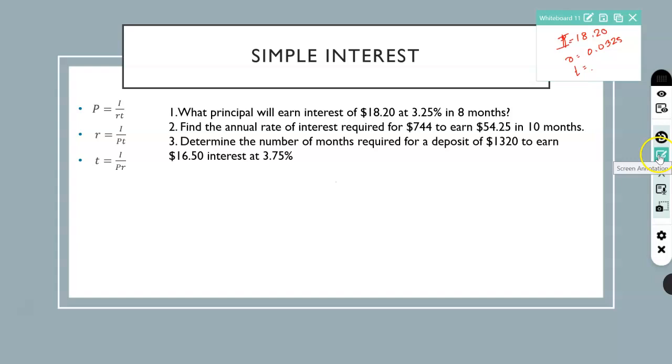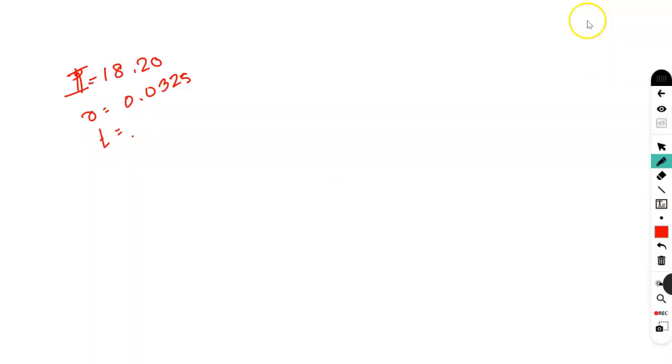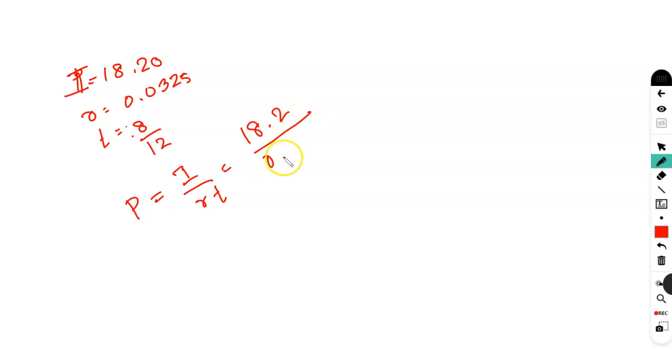Time is given as 8 months, so you can write this as 8 over 12, so that you can calculate the principal amount as I over R times T. So 18.2 over 0.0325 times 8 over 12.